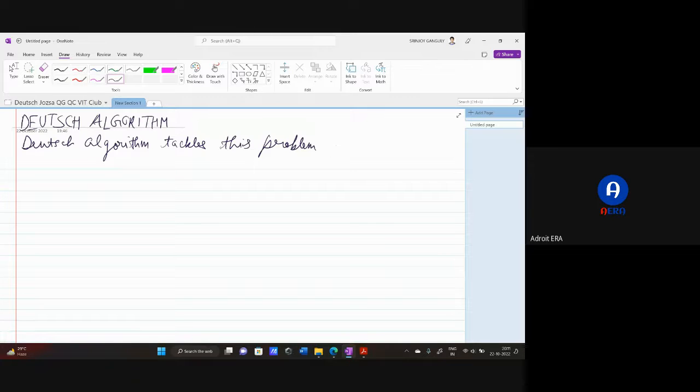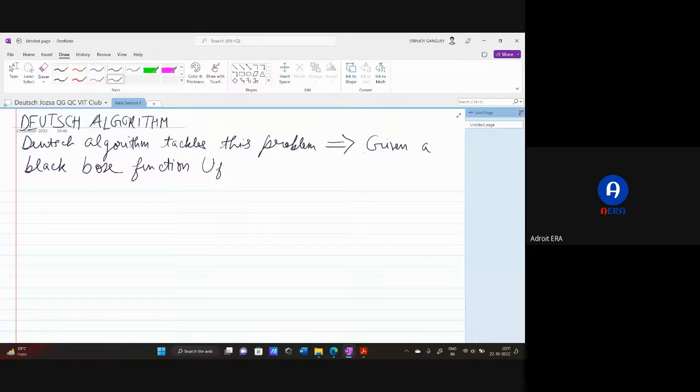Given a black box, an unknown function, implemented as U subscript F, unitary F, implementing some unknown function, remember.